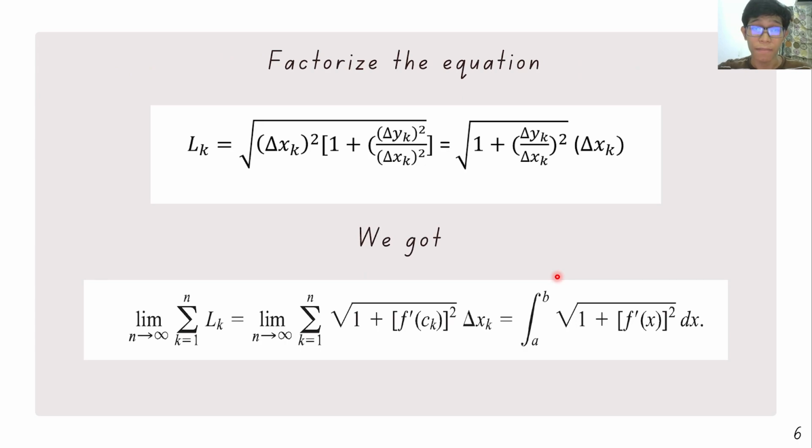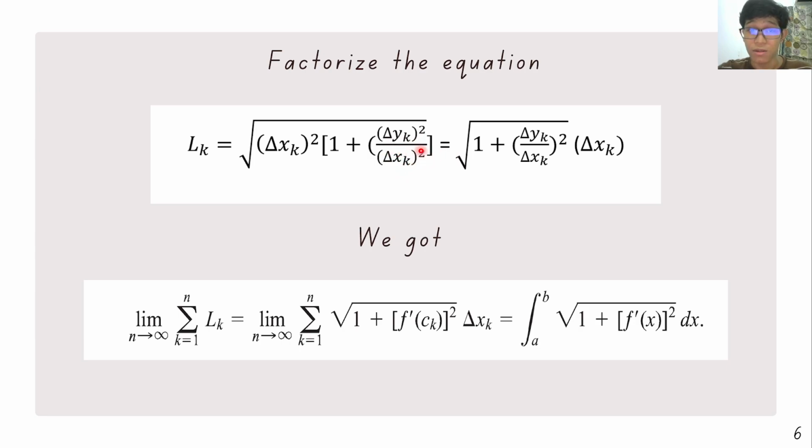In order to obtain the formula that we want, we first have to factorize the equation. In this case, we only factorize the delta xk squared because y is equal to f of x. As we factorize it, we get 1 plus delta yk squared over delta xk squared.